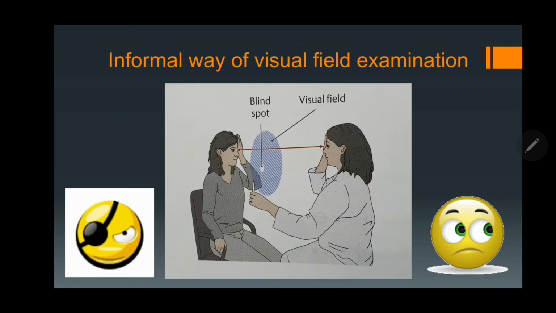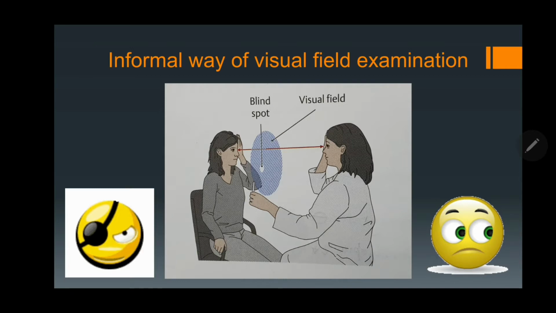Before going to the lesions, this is an essential step to know exactly in which part of the visual field the subject is having a defect. For that, there are two ways of assessing: one is the informal way and the other one is the precise way.